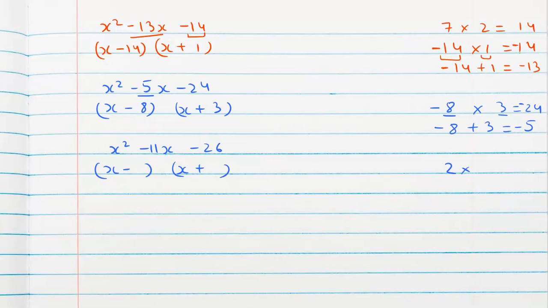I think 2 times 13 will be better. We have 26, but we need negative 26. In order to get that, the bigger number will be negative 13. So 2 minus 13, it is negative 11. So x minus 13, x plus 2.